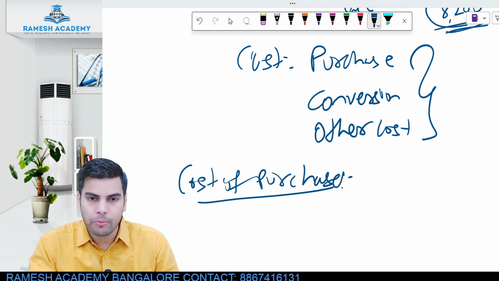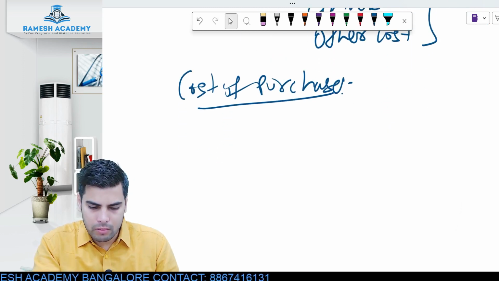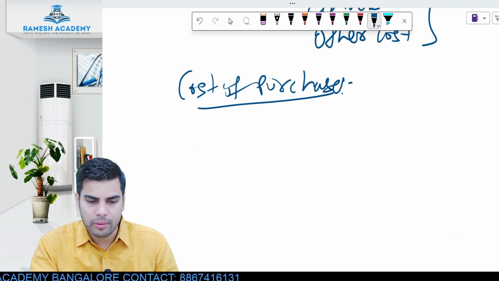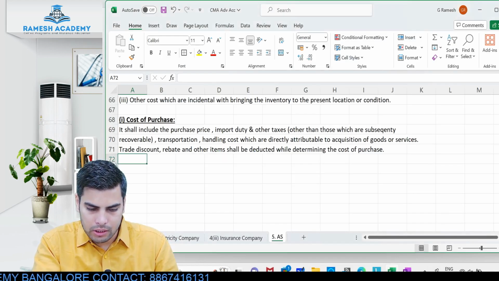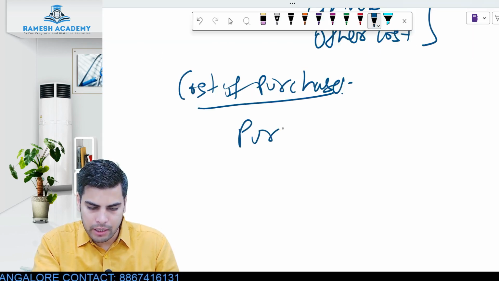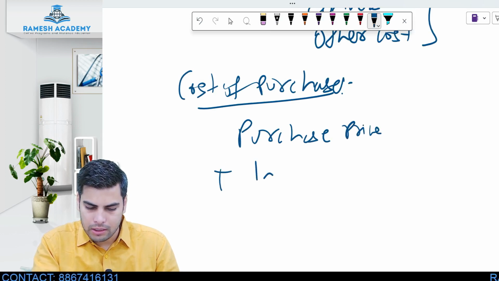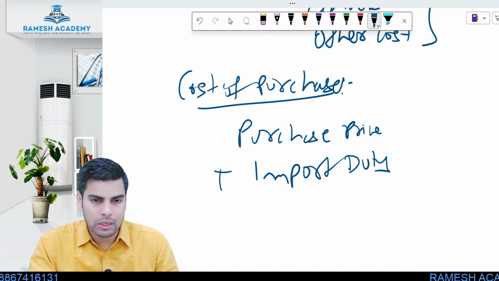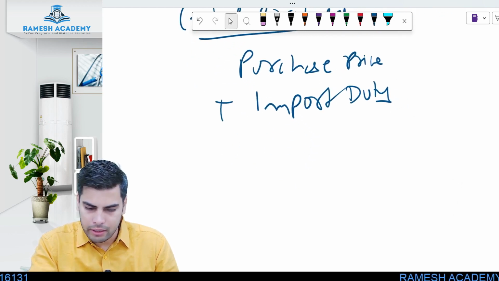What all things will be included? One would be the purchase price, plus import duty or other taxes which I will not be able to recover in the near future.